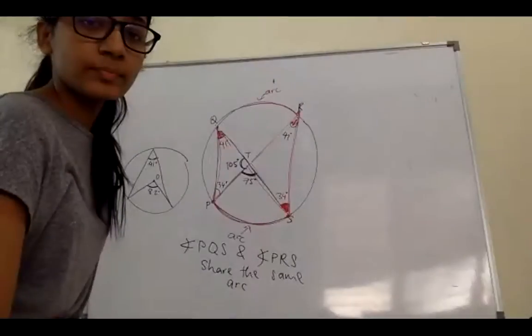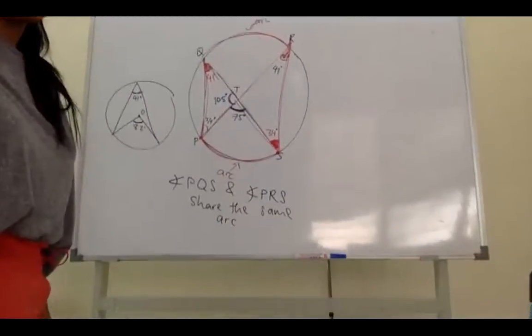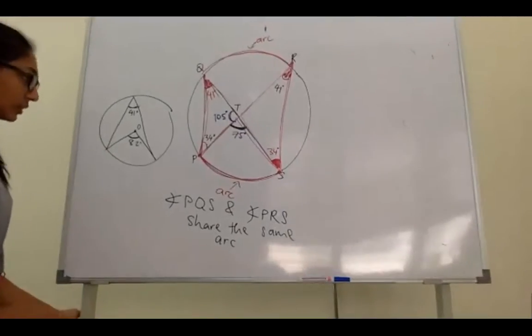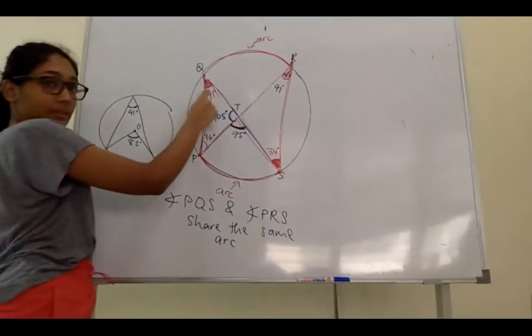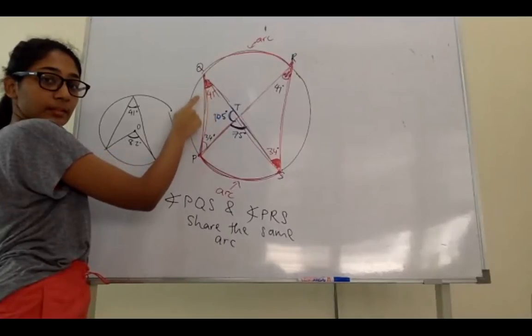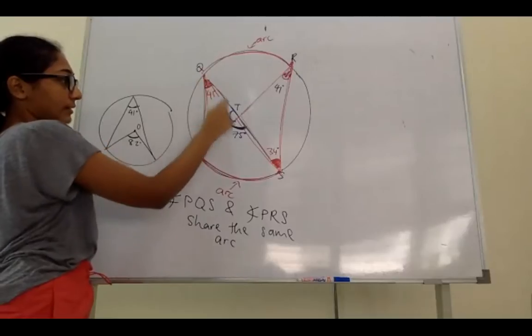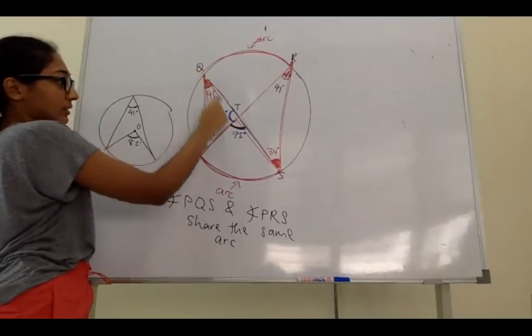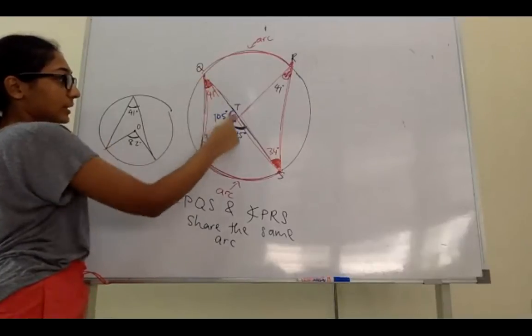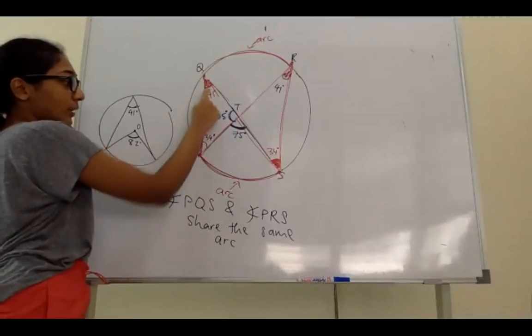So we know that this is 41, correct? Yes, sure. So a triangle makes up 180.